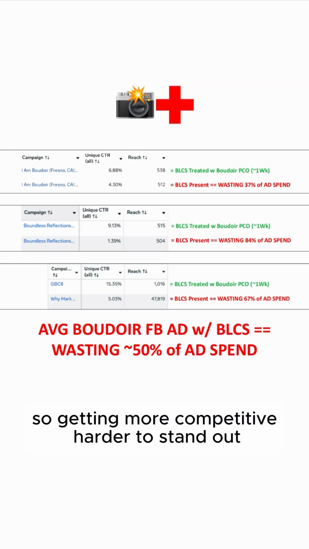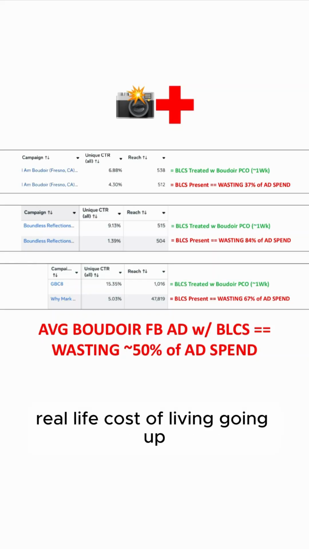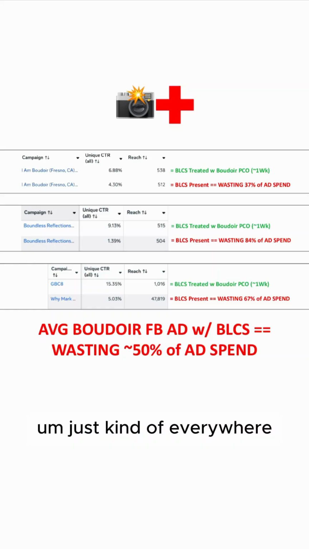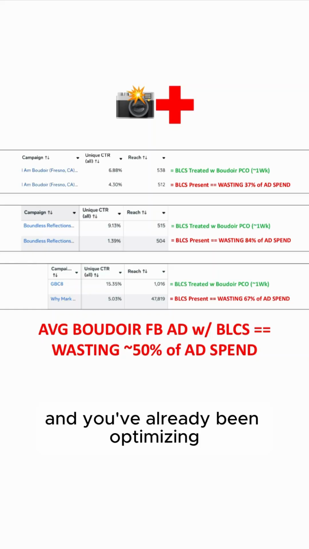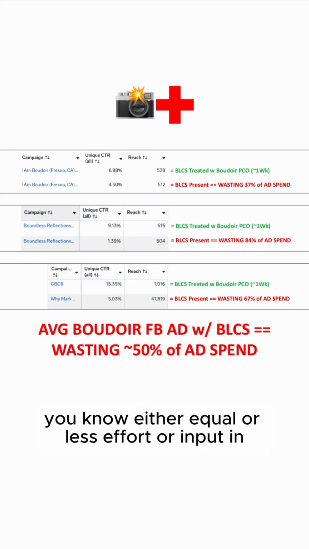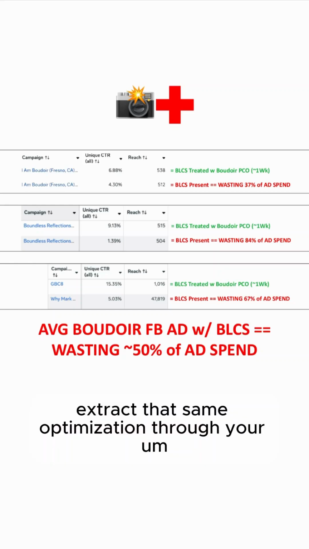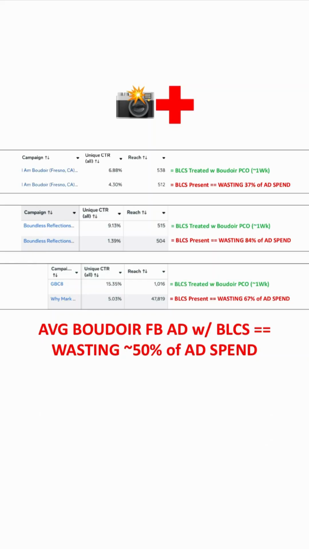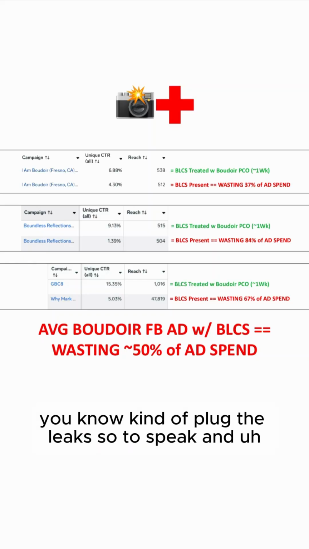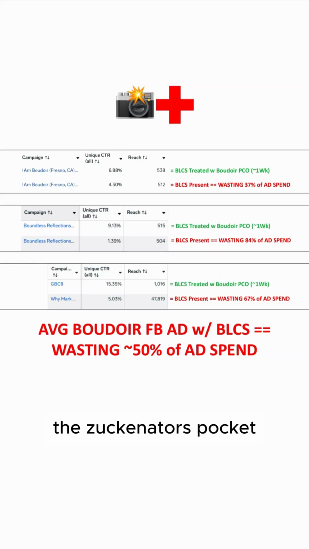So again, more competitive, harder to stand out. And you also see inflation, real life cost of living going up, just kind of everywhere. And you've already been optimizing other parts of your boudoir photography business to get more profit out for either equal or less effort or input in. And you've decided now you want to extract that same optimization through your current boudoir Facebook ads, and you want to kind of plug the leaks, so to speak, and keep that more money in your pocket instead of the Zuckinator's pocket.